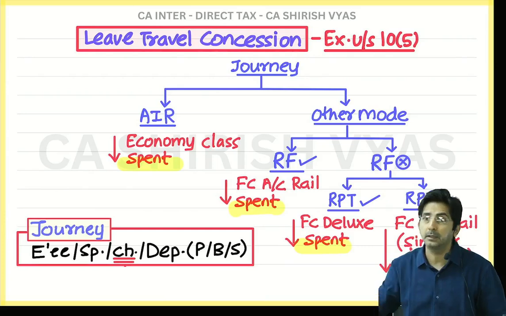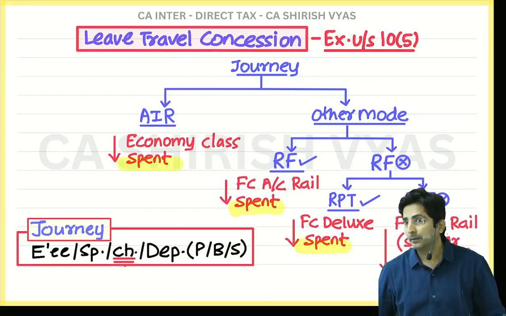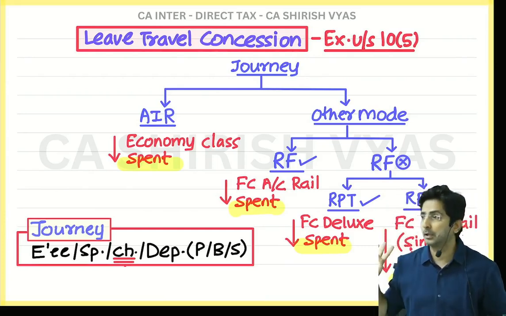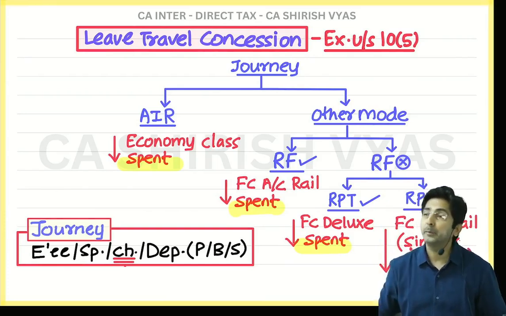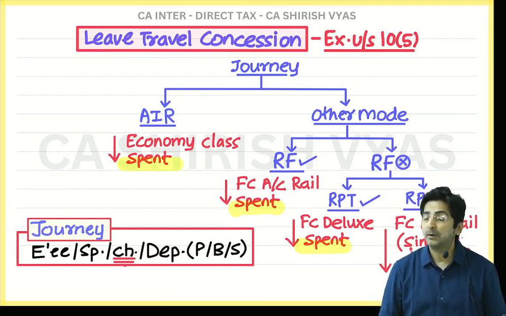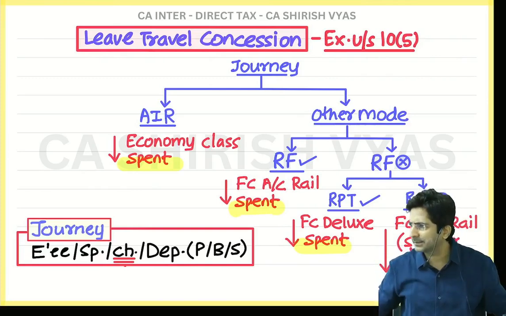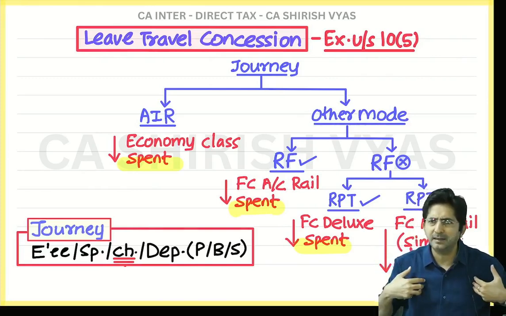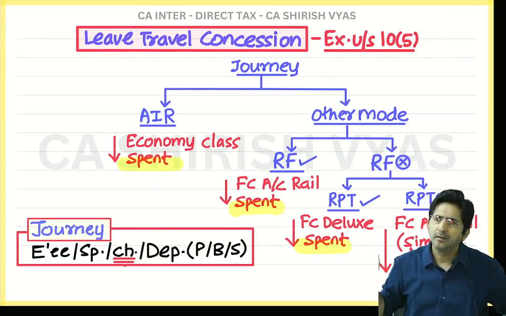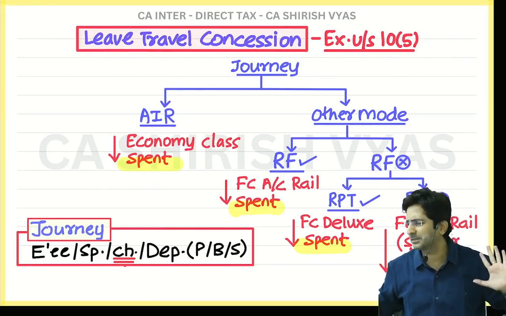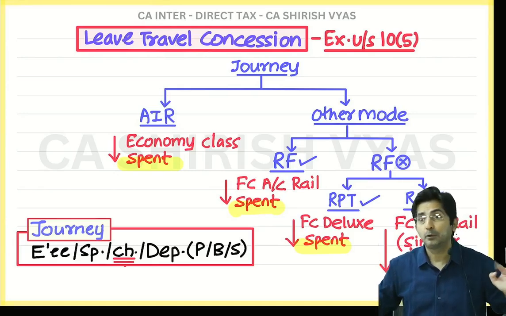But see, here there is a limit on children. Maximum 2 children should travel. So imagine if the employee has got 5 children and all these children are enjoying the holidays and the boss is giving the ticket for all. But then 5 children is too much. Maximum 2 children.